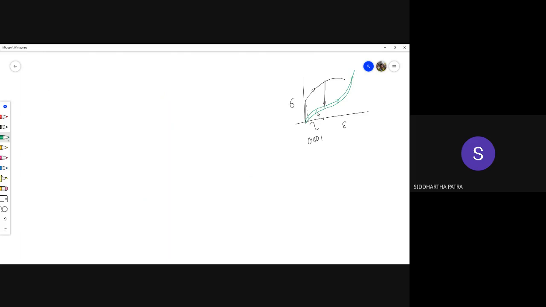It means whatever energy you put in the form of work done to the material per unit volume, and that's what the stress-strain relation is, force per unit area and displacement per unit length, when you do this integration, that is essentially the work done per unit volume. So whatever energy you had put in, you can get it back when the loading and the unloading curves are the same.